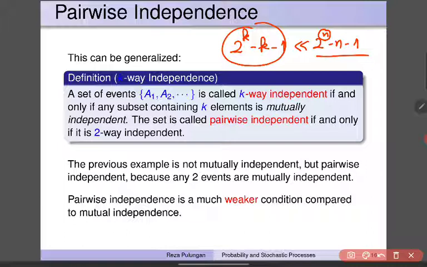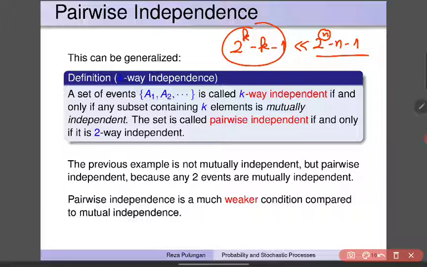Now the previous example is not mutually independent but pairwise independent, because any two events are mutually independent. But three-way independence means that any three events are mutually independent. It does not simply mean that if you take any three events, then the probability of the intersection of these three events must be equal to the product of their probabilities.